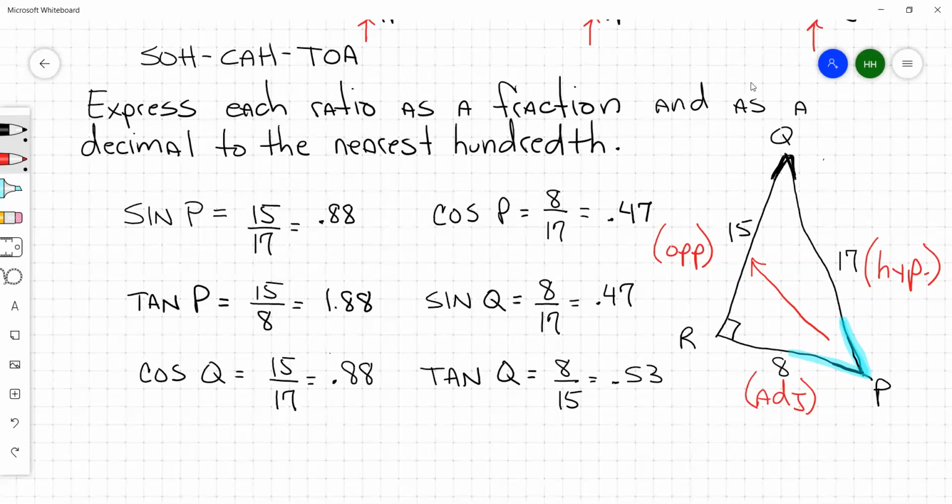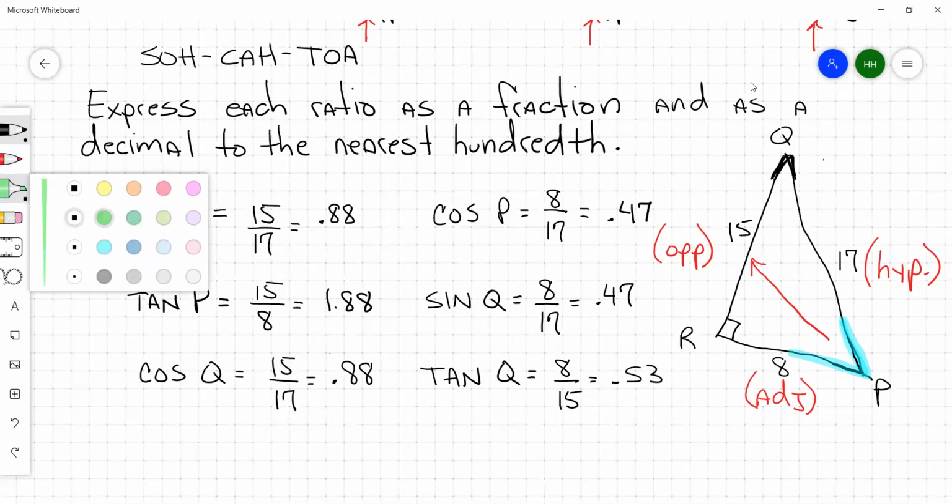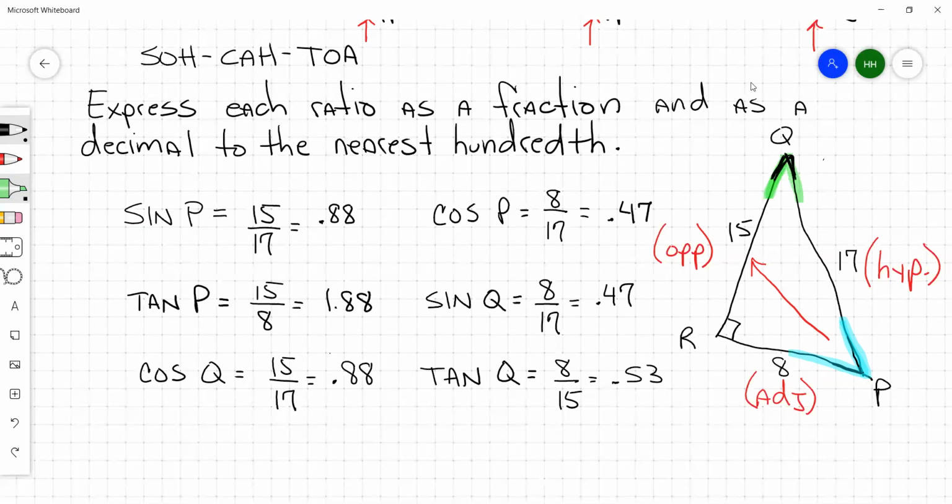Now, when you're in here at angle Q, the hypotenuse is still the hypotenuse, isn't it? That doesn't change. But do you see how now this side in relation to angle Q would be the opposite side?